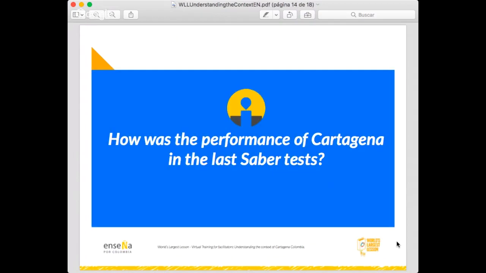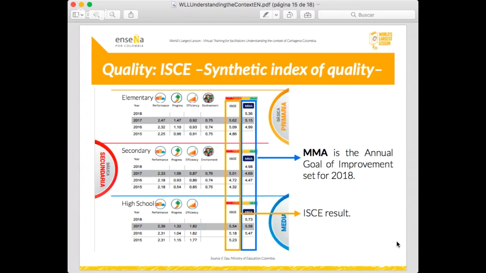So how was Cartagena in the previous test? How was the performance? If you see, it's not really bad, but anyways, here the MMA, that is the annual goal of improvement that is set for 2018, it's not really far from what they got, right?